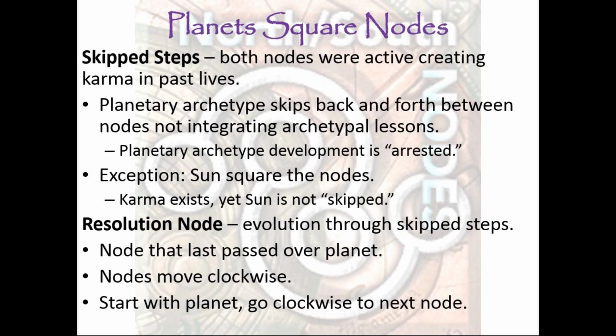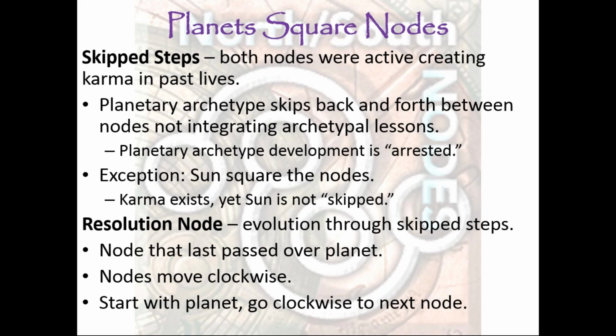We explore it in each chart by the specific signs, houses, aspects, etc. But everything we've looked at for the archetype of the moon gets arrested. It doesn't get fully integrated and learned, and the moon will pop back and forth between those two nodes rather than really learning the lesson.